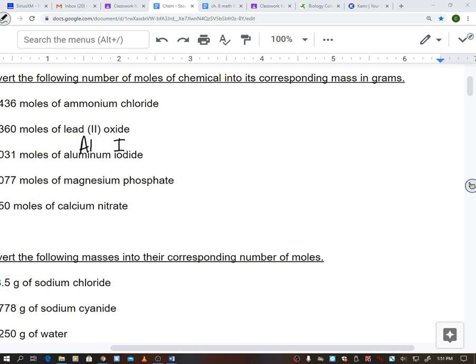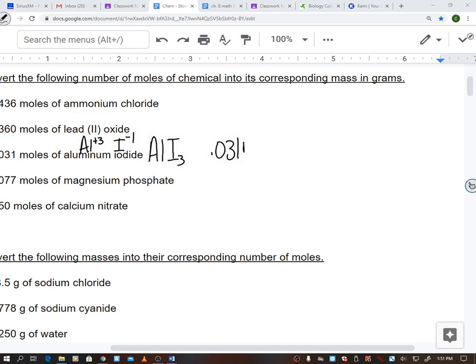Because if I don't have that correct, then my grams are going to be wrong, which will make my whole problem wrong. So aluminum, if you're looking on your periodic table, is a +3 charge. Iodine is a -1. So we have to do that crisscross method. So what that gives us is AlI3.